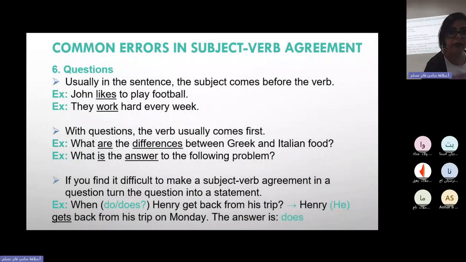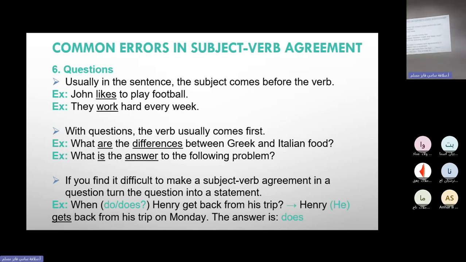The last one is questions. There are mistakes people make when writing a question. Usually in a sentence, the subject comes first, then the verb, like John likes to play football, or they work hard every week.